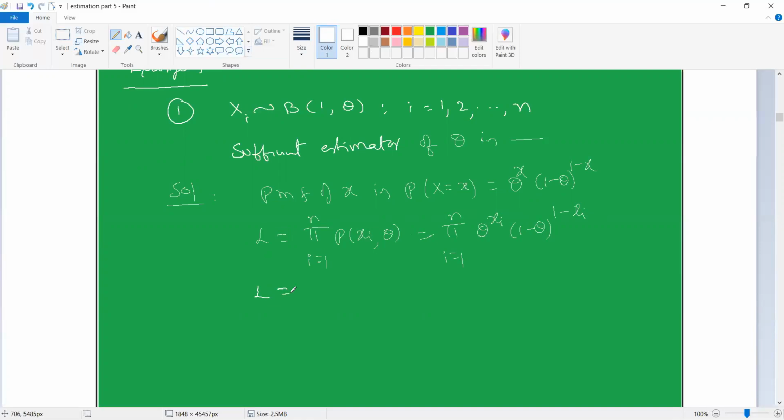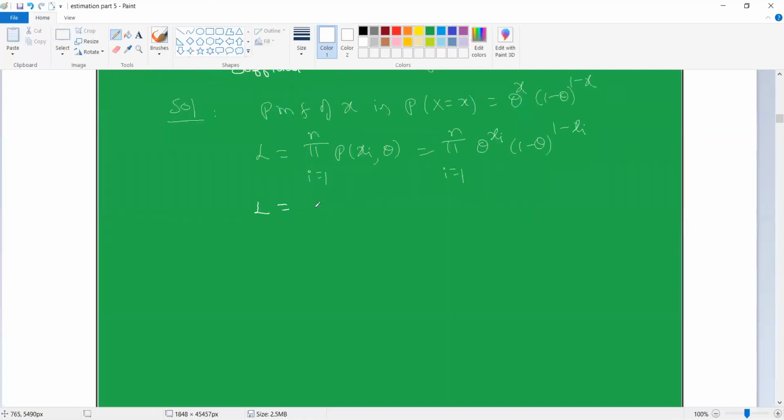After expansion, we get theta power summation xi into 1 minus theta whole power n minus summation xi.